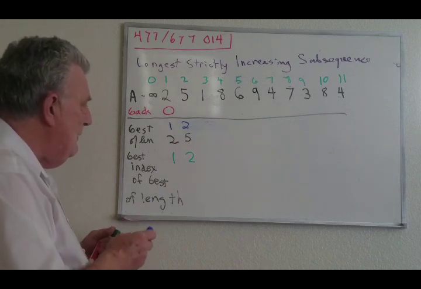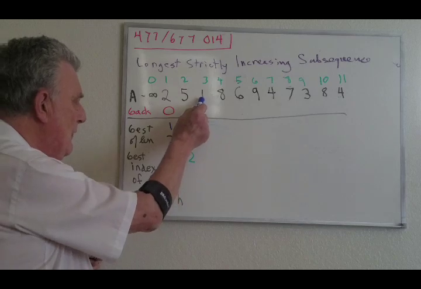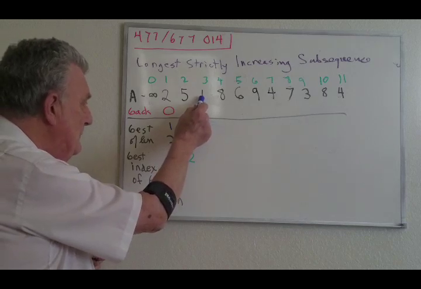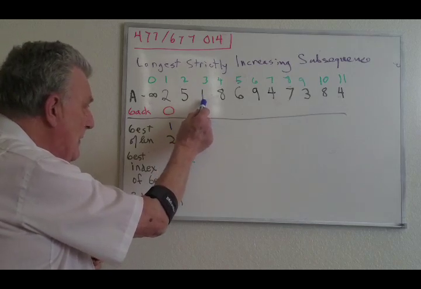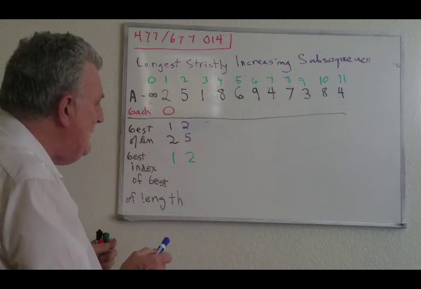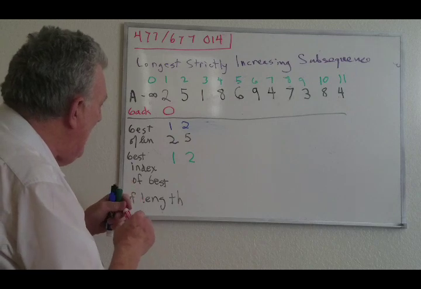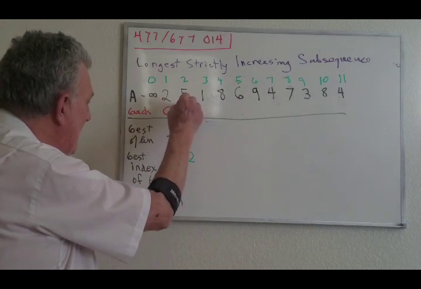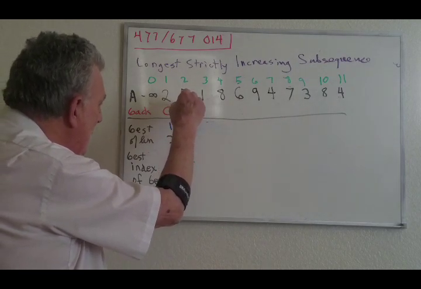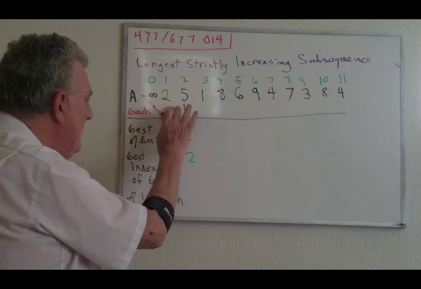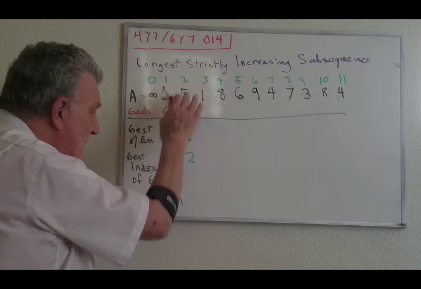All right, now we're going to look at the third position, which is number 1. Well, we need a back pointer for this. The back pointer for this is 1. So this is the index of the number that precedes 5.